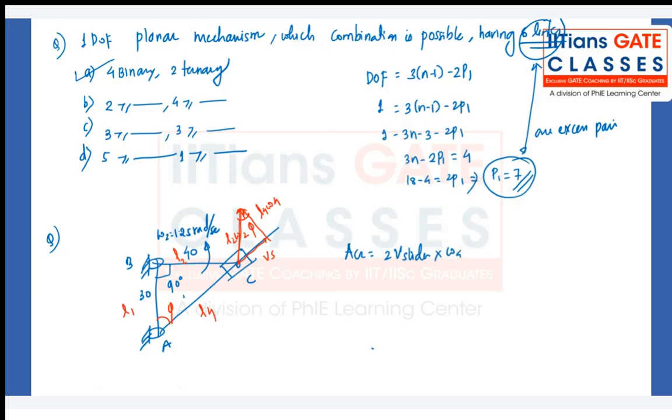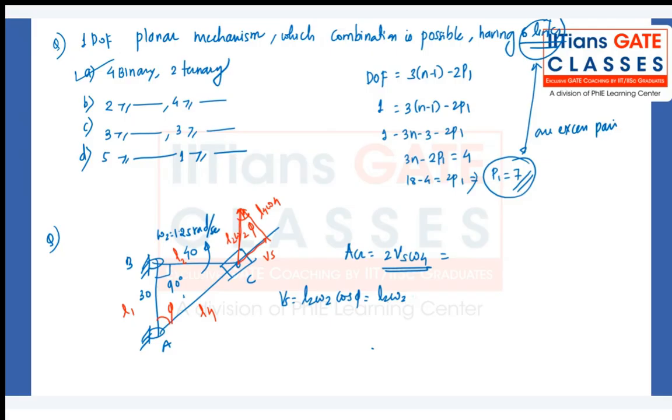So 2 into Vs into omega 4 is my Coriolis component of the acceleration. How will you calculate the velocity of the slider? L2 omega 2 cos of phi. L2 omega 2 cos of phi will be how much?